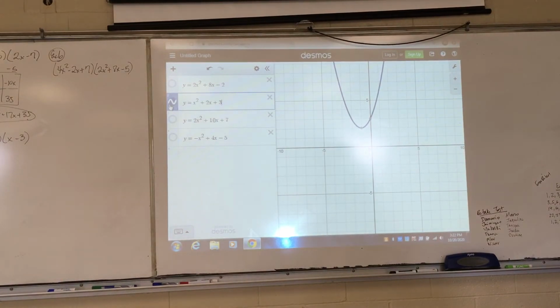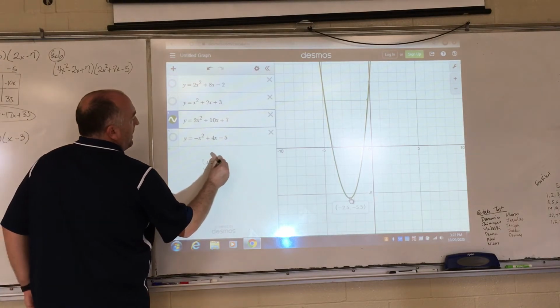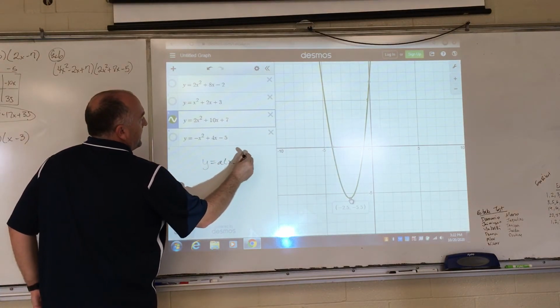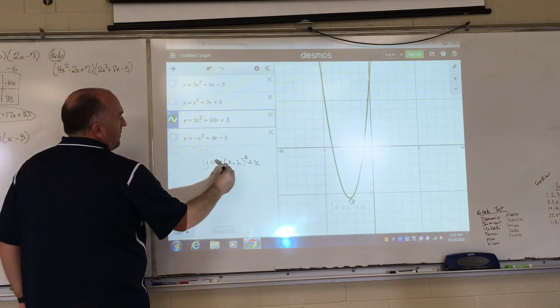All right, so that equation was this third one right here. So again, the first thing I told you, once we have that equation, we're going to find the vertex. So I come here, there's where I got -2.5 and -5.5. Okay, so then knowing the vertex, I'll just write it up here. We would write y equals a(x minus h) squared plus k. So again, forget the a right now.